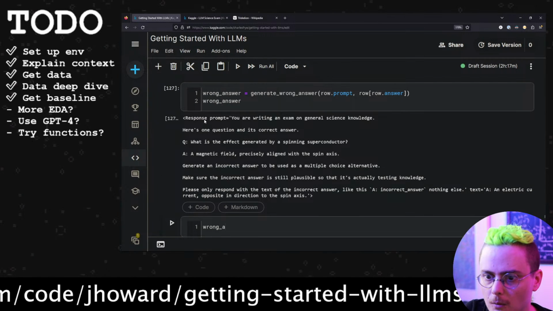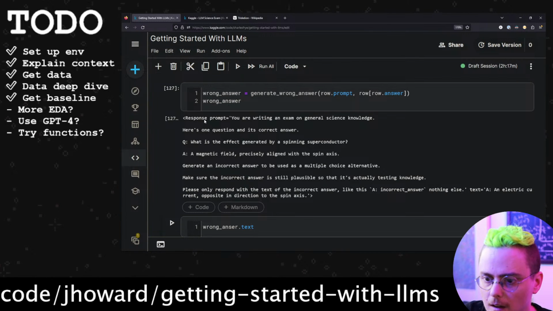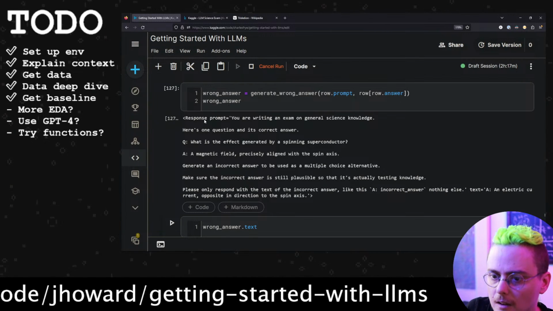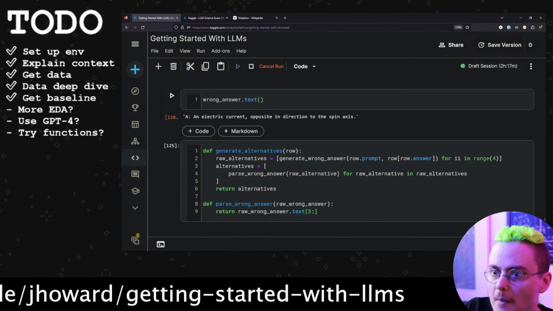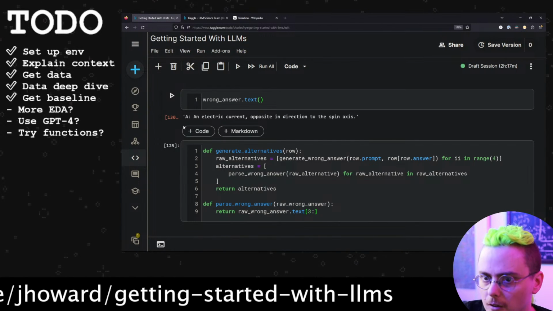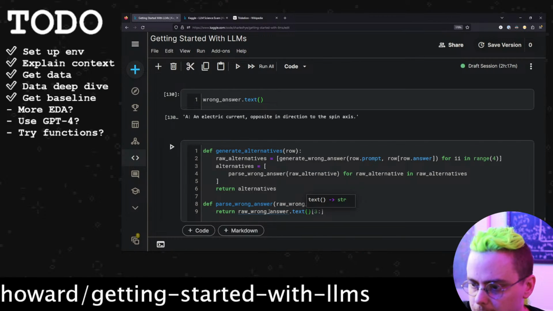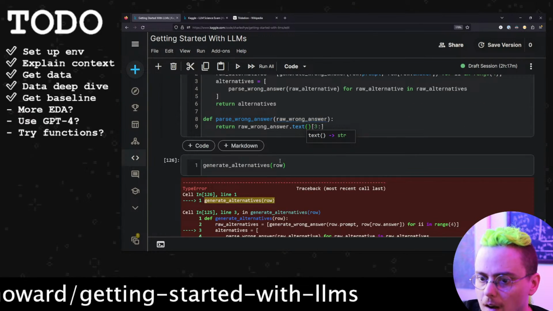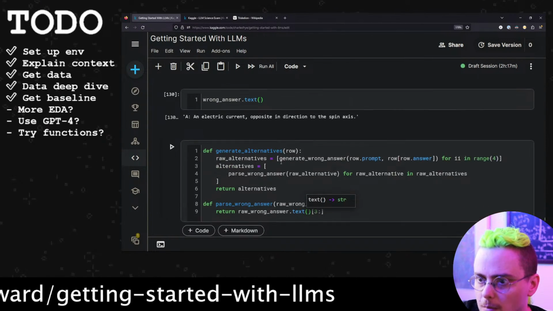And then wrong answer dot text. Looks like that's in fact the thing that we want. Oh, it's a method, not a property. So .text, and that's the thing. Okay, so .text, right. Yeah, response is not subscriptable.